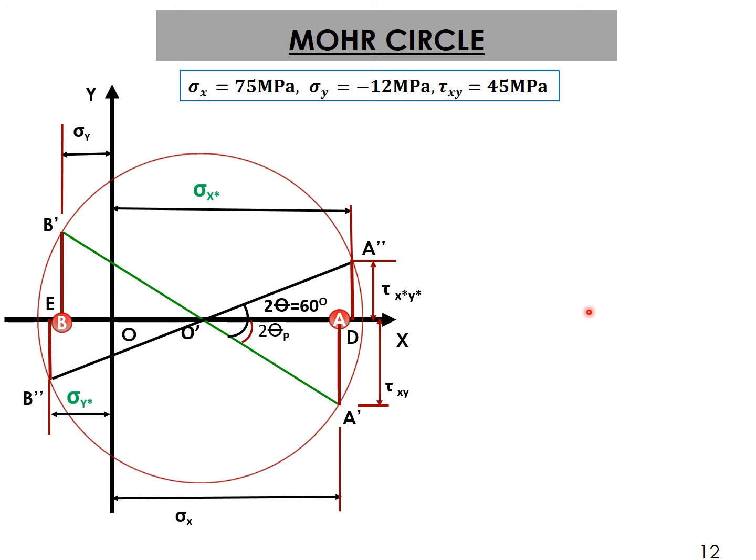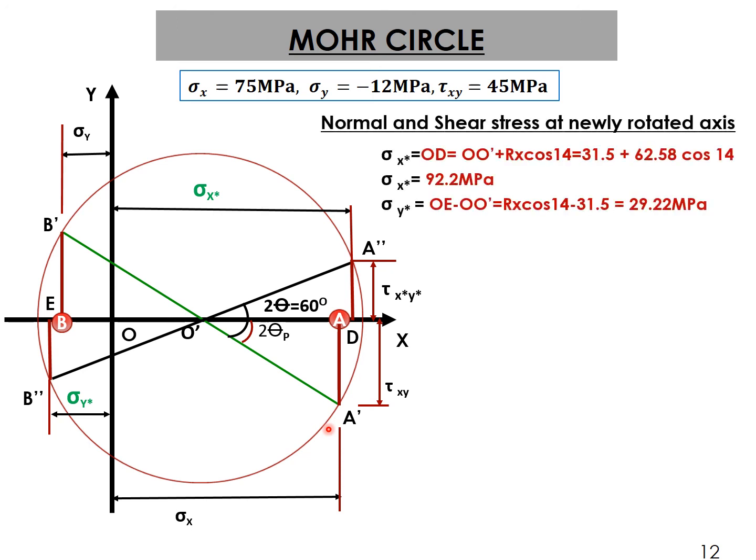So let's see what sigma x star equals. Because you know what is O dash, what is O dash D, what is radius. Now you already know these values. You have already calculated these values. So let's see. Sigma x star is given by OD, and OD is nothing but OO dash plus, you can take this right triangle, O dash D A double dash.